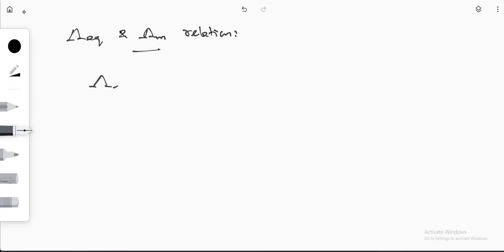Students, observe carefully. The formula for equivalent conductivity is 1000 into kappa by normality of the solution. You know very well normality is nothing but molarity into n factor.